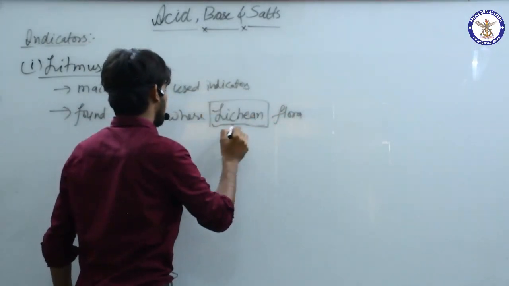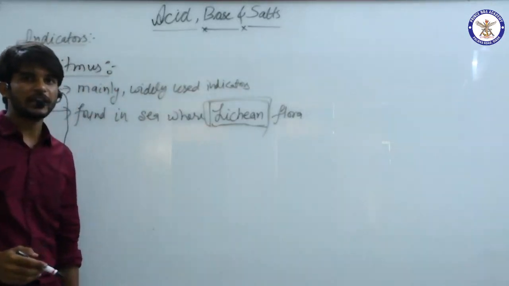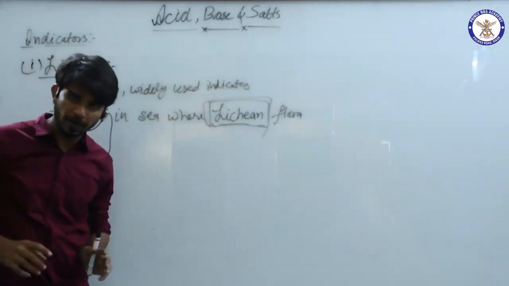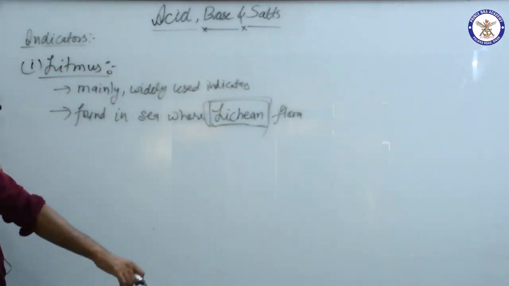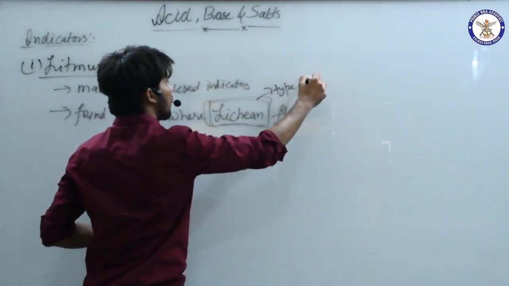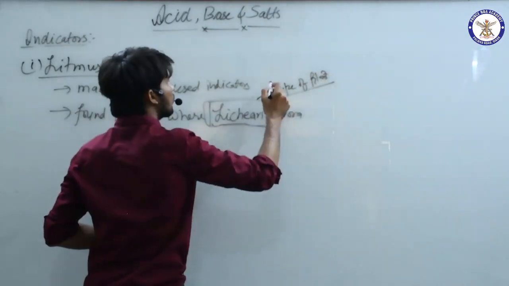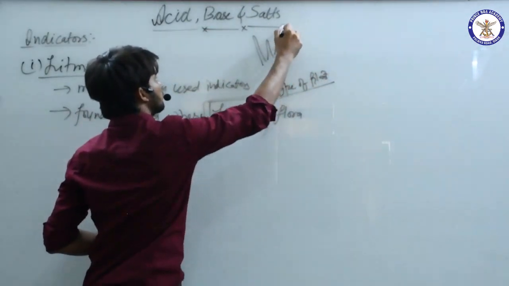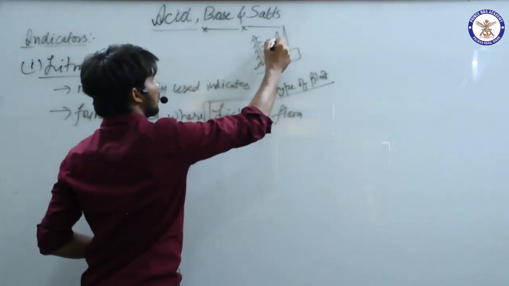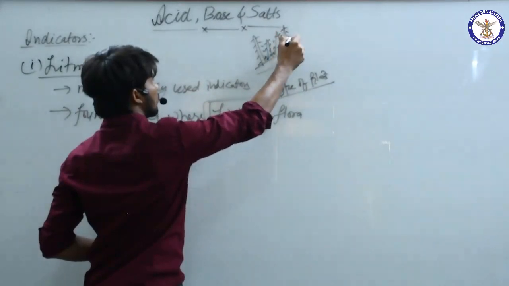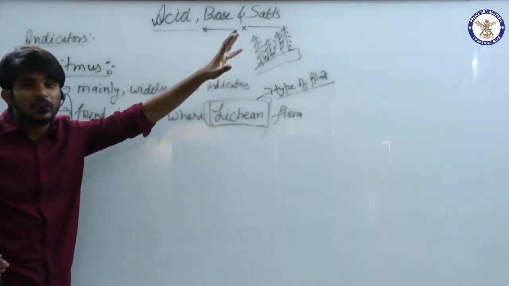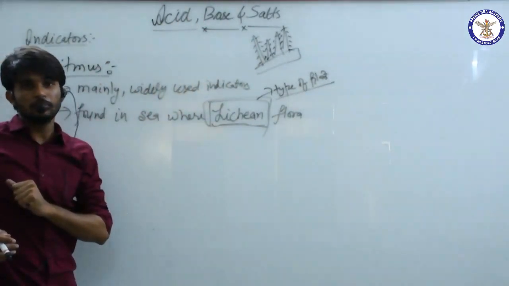It is a kind of plant, a type of plant found in sea water, and from this plant, this flora, litmus is made.